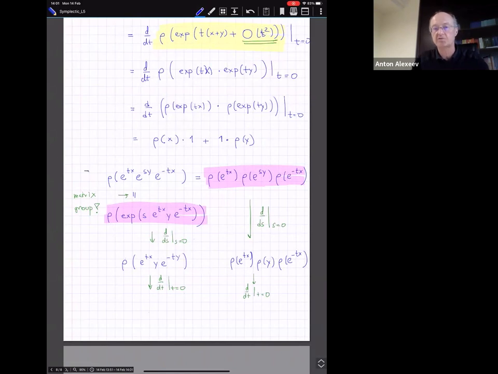So this will be rho of xy minus yx, that's the derivative over t at t equals 0 of that thing. And on the right-hand side, I'm just using the definition and the Leibniz rule. So it is rho of x, rho of y.